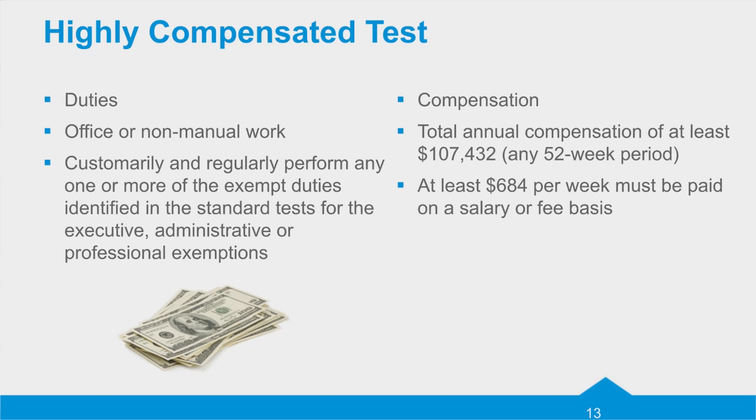So that meets one of those either executive, administrative, or professional exemptions, and it has to still be office or non-manual work. So you can't have someone that's doing manual work, so maybe a field technician, I've seen this come up, for example. Someone that's doing pretty manual work that's really highly compensated would still not qualify under this exemption.